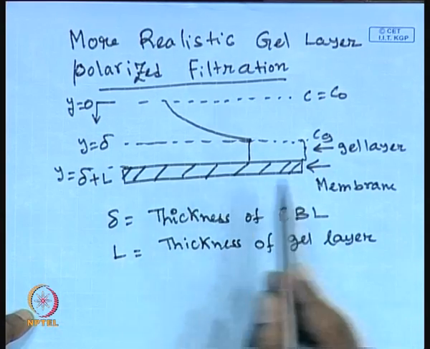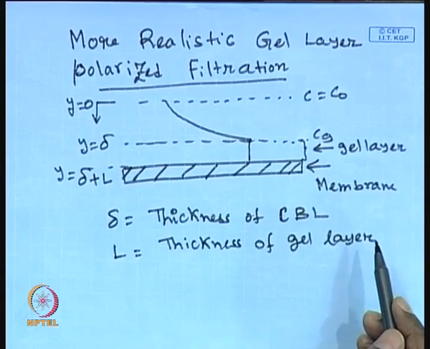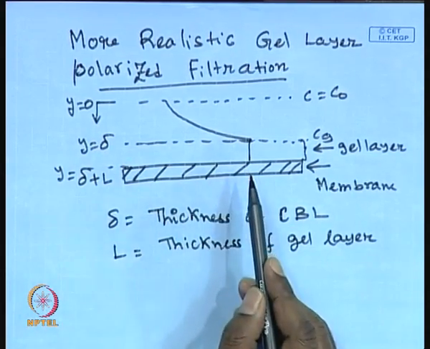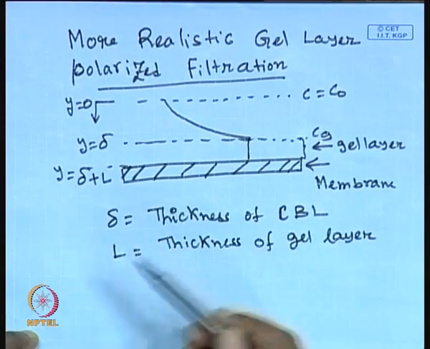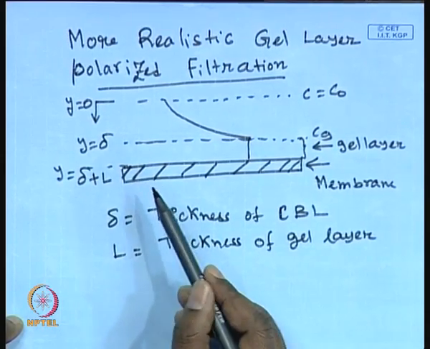Now you see, having a particular turbulence in your system, that means if the Reynolds number is fixed or the stirrer speed is fixed, your delta will be a sole function of Reynolds number. So this thickness will be fixed. On the other hand, the gel layer thickness will be growing in time in most of the cases.